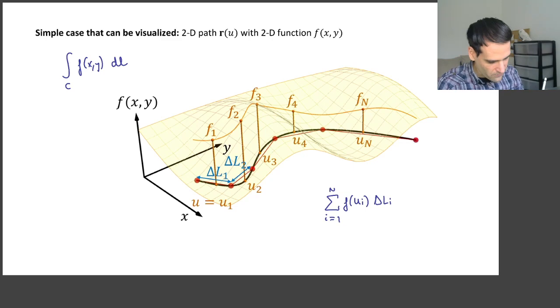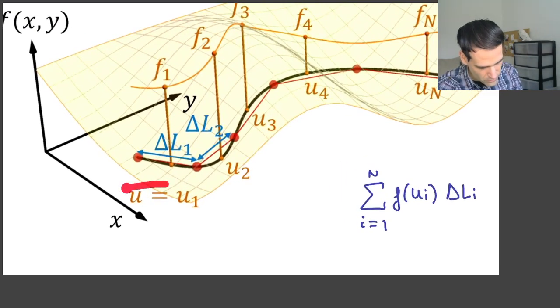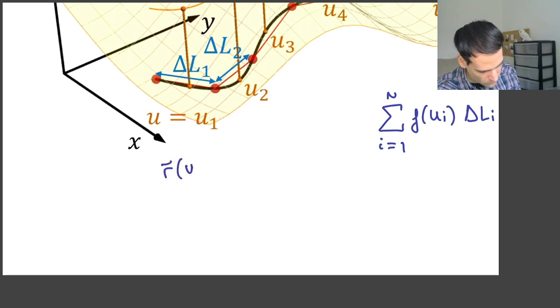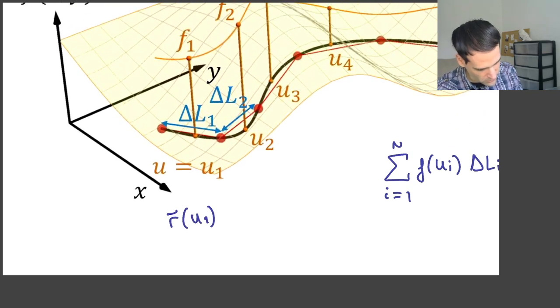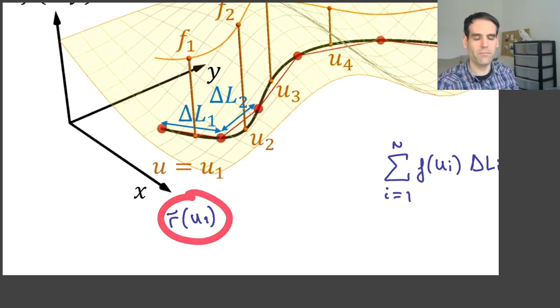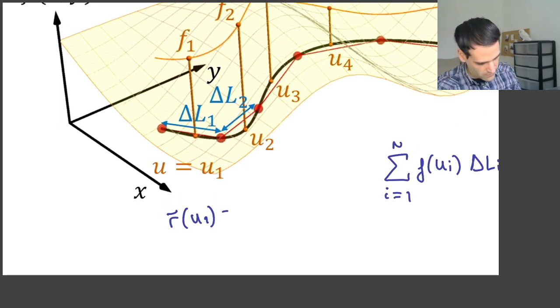So for every point, for example, when u equals u1, you can find the point R of u1, which would be this point here in the xy plane, because R is a curve in the xy plane. R will be a function x of u and y of u.